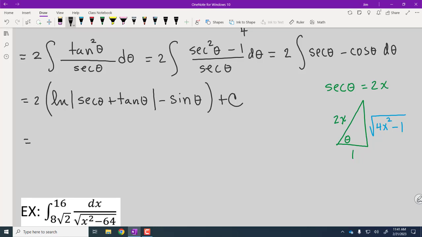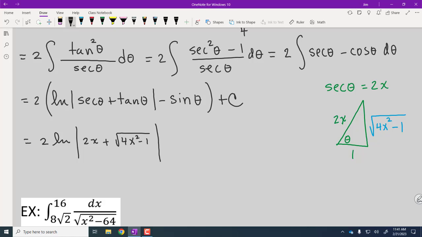So we will have 2 natural log absolute value. Secant of theta is 2x. Tangent of theta, opposite over adjacent. So that's nothing more than the square root of 4x squared minus 1.